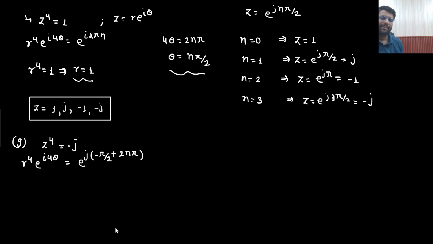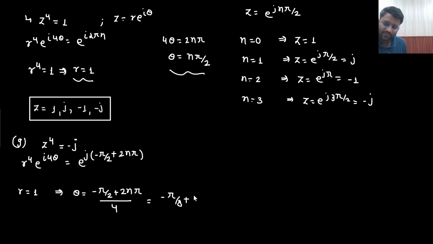If you compare, the value of r is coming out to be 1, and the value of theta is coming out to be minus pi by 2 plus 2n pi divided by 4, right? So what you are getting is minus pi by 8 plus n pi by 2.